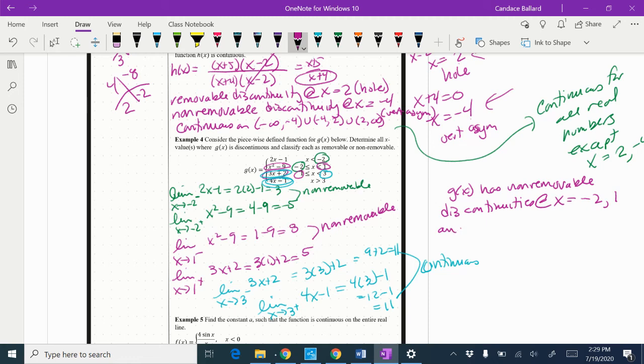And is continuous, because we have to show where it's continuous, for all real numbers except x equals -2 and 1.